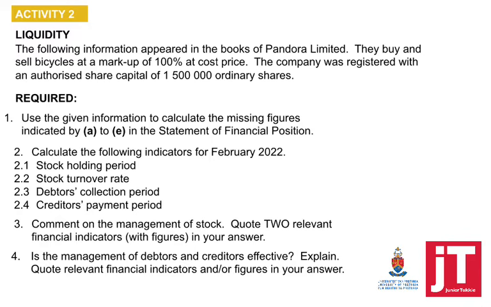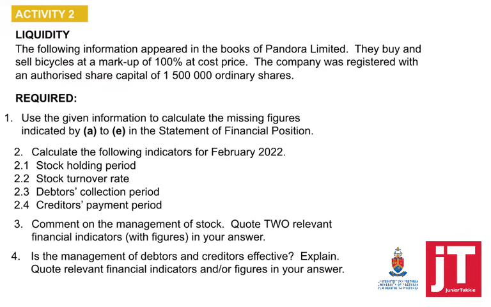If we look now at activity 2, liquidity, the following information appeared in the books of Pandora Limited. They buy and sell bicycles at a markup of 100% on cost price. The company was registered with an authorized share capital of 1.5 million ordinary shares.